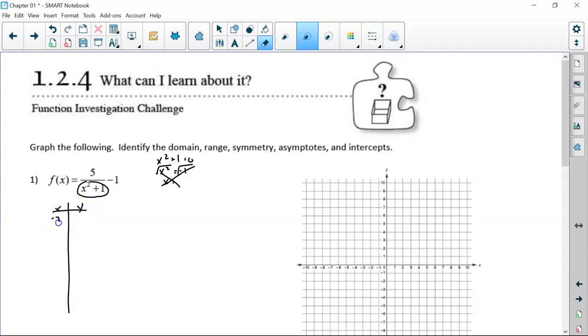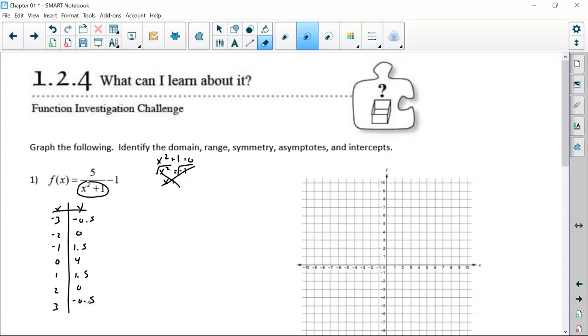So when x is negative 3, negative 2, negative 1, 0, 1, 2, 3. Once again, graph these, use your table. The outputs are negative 0.5, 0, 1.5, 4, 1.5, 0, negative 0.5.